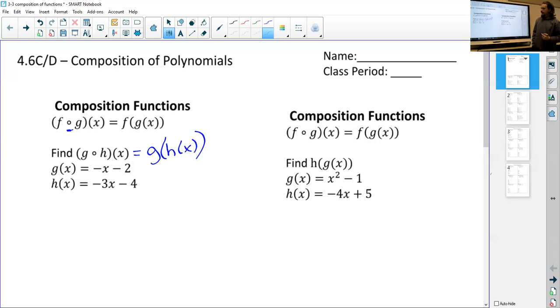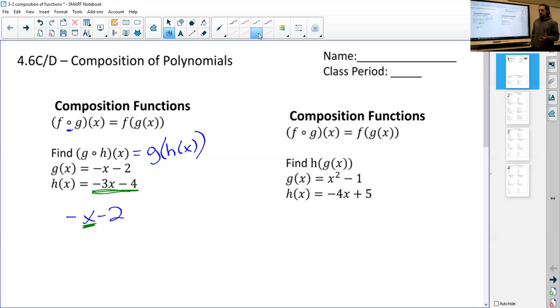Okay. So how we do this is we start with the outermost function, and that's what we're going to work with. So g of x is negative x minus 2. And then what's my value I'm going to use for x in that function? It's h of x. So anywhere I see an x, I'm going to replace that with the entirety of h of x.